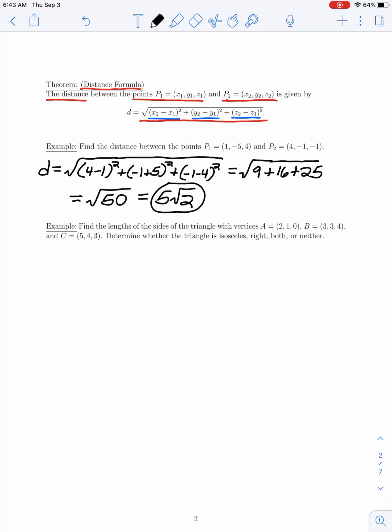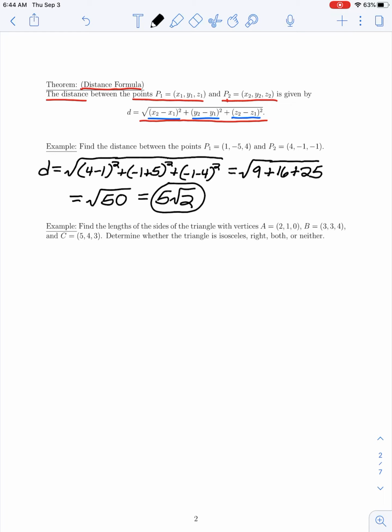So now, making use of this distance formula, we can ask certain geometric questions about points in space, or figures determined by points in space. So in this next question, we're asked to find the lengths of the sides of a triangle, which has its vertices at the points A, B, and C, whose coordinates are given.